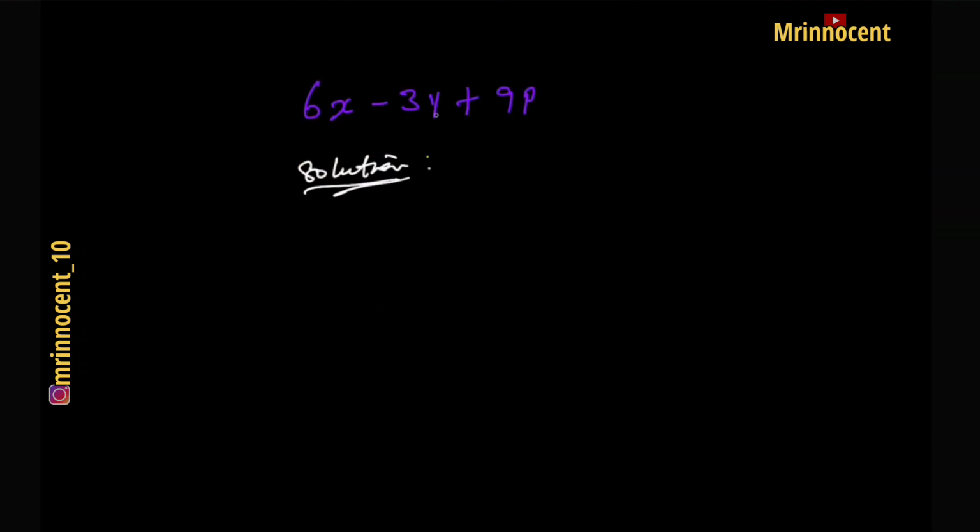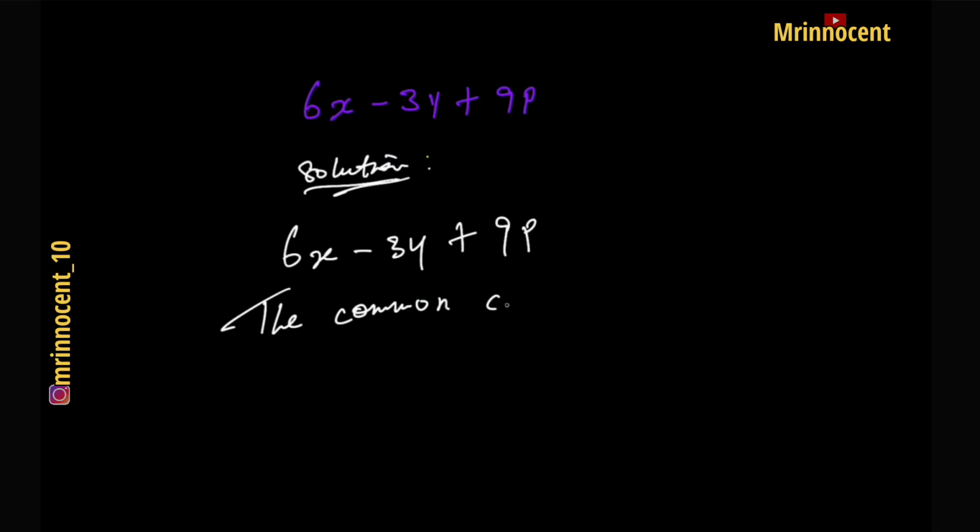6x minus 3y plus 9p. Solution. So you have 6x minus 3y plus 9p. The common factor is 3.